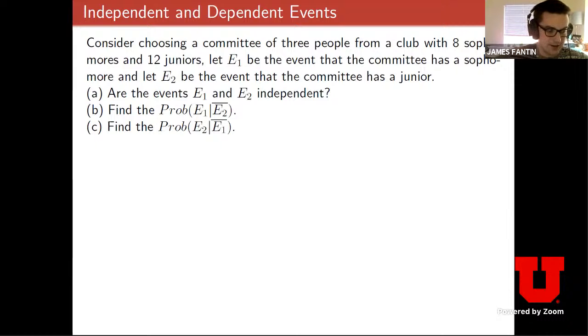Anybody else think, are these events independent of each other? Okay, somebody else says no. What about anybody else? Yes or no?